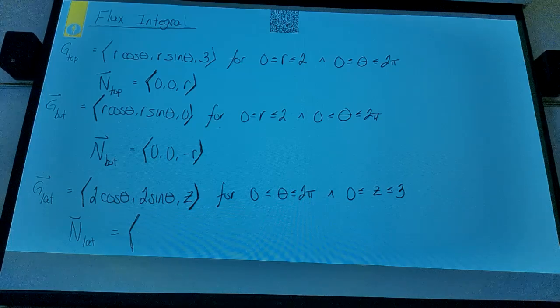Normal vector. It'll just be 2 cosine theta, 2 sine theta, and 0.